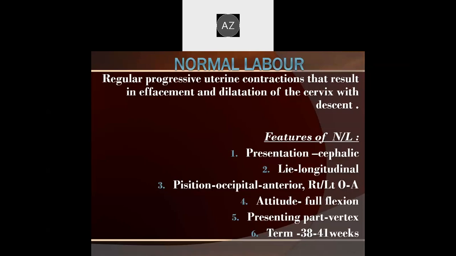The attitude should be full flexion, and then the presenting part should be the vertex. Then the term of labor should be at term, the beginning of the 38th week and the end of the 41st week. All these are the features of normal labor, or we can say normal labor lies within these features.